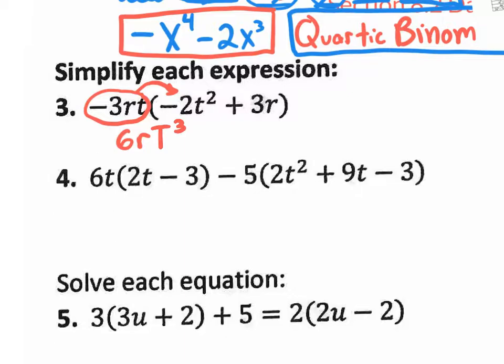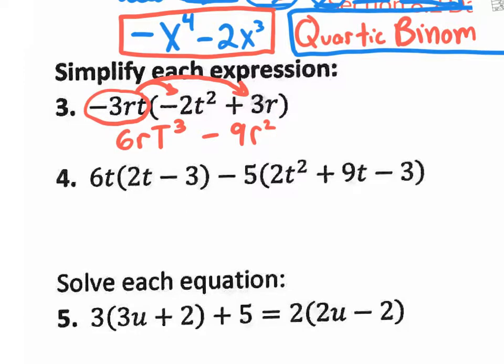Let's now distribute the negative 3rt to this positive 3r. So once again, you're going to start with the coefficients. Negative 3 times a positive 3, well, that would be a negative 9. So I'm going to put a minus 9 right there. And then I'm going to go for the next term, which is an r. R times r is r squared. Now let's go for the final term, t times, is there another t over here? No, so I'm just going to write it.